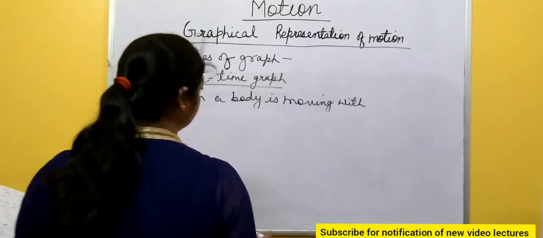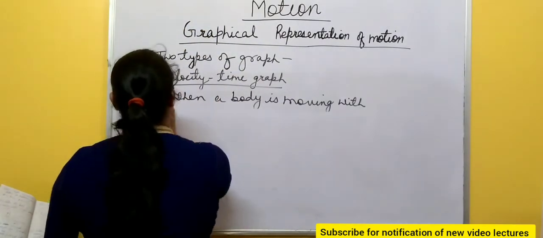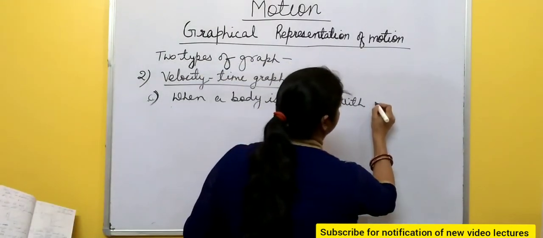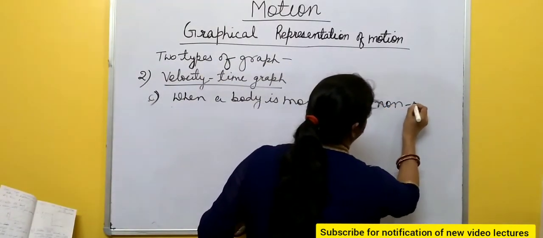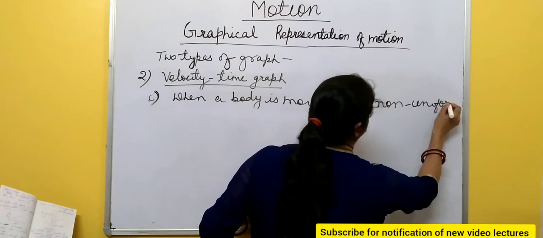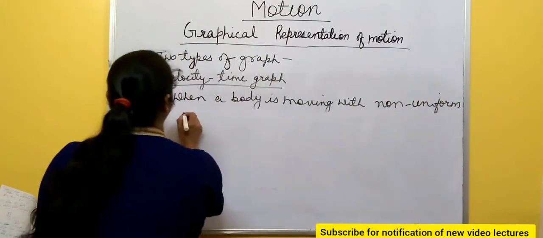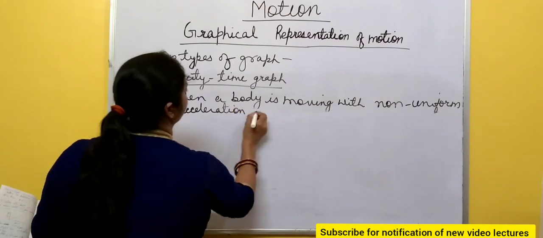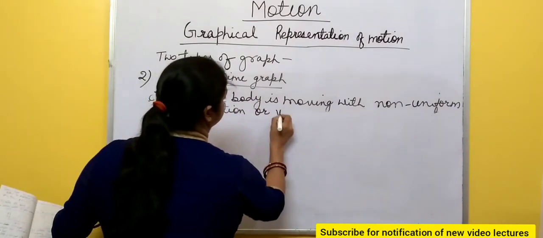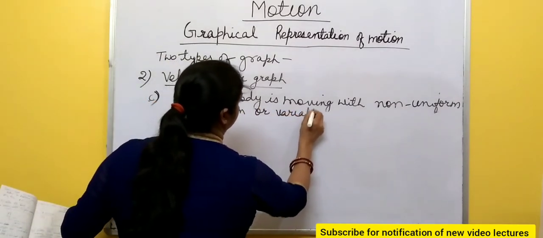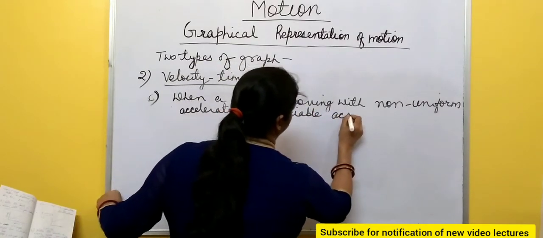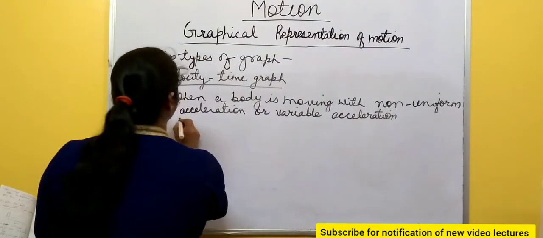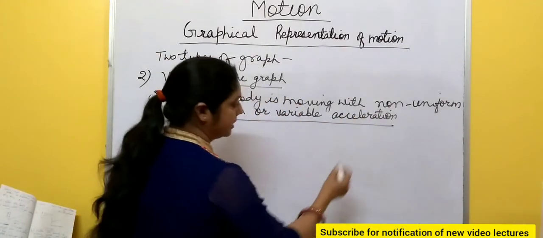This is part C, when a body is moving with non-uniform acceleration, or you can say variable acceleration.